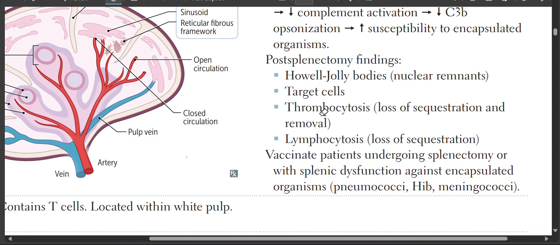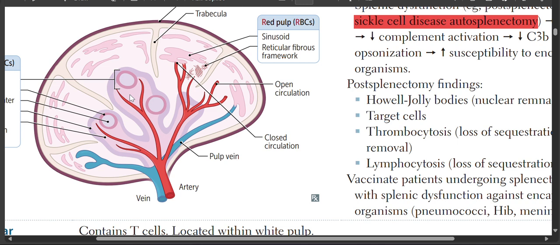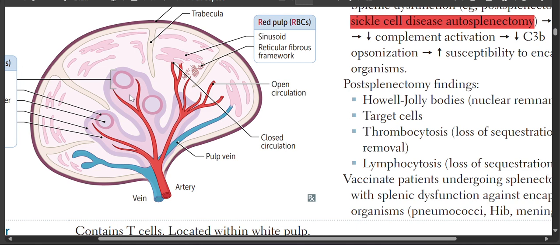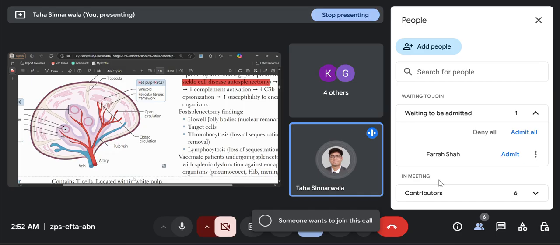Next, we have thrombocytosis and lymphocytosis. Thrombocytosis and lymphocytosis basically just means that you have more platelets and more lymphocytes in the blood and in the body in general. Now, why do these cells increase in case of asplenia?